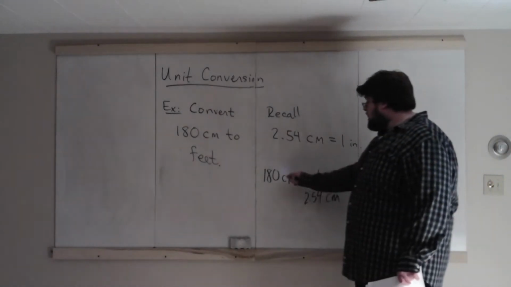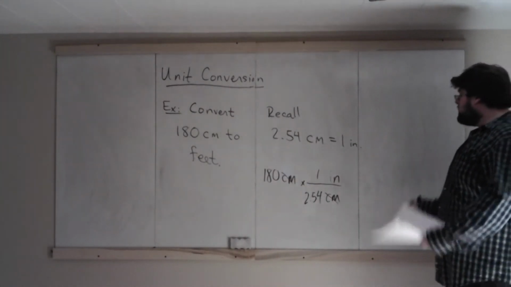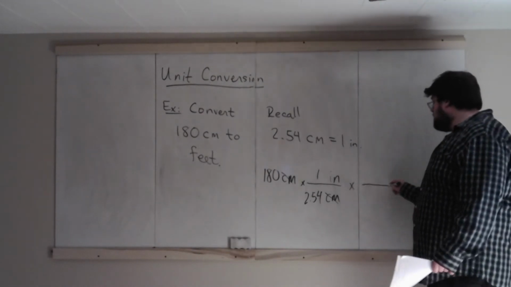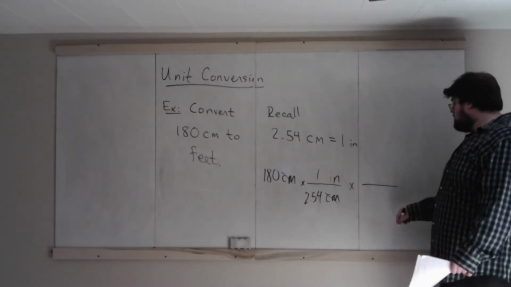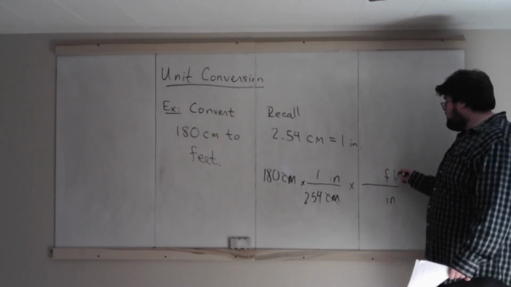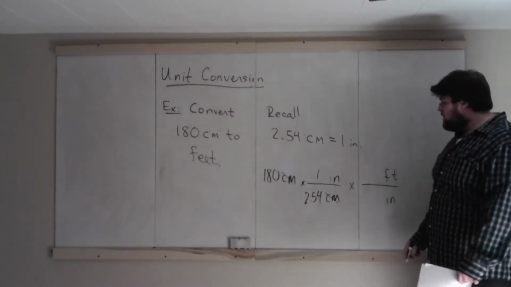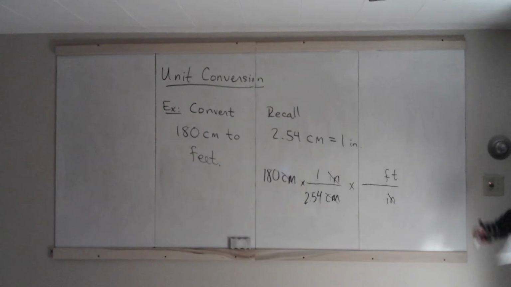So our units right now are inches. We next need to convert from inches to feet. How do you do that? Well, we have inches in the numerator. So if we put inches in the denominator and feet in the numerator, the inches will cancel, and we're left with the number of feet.